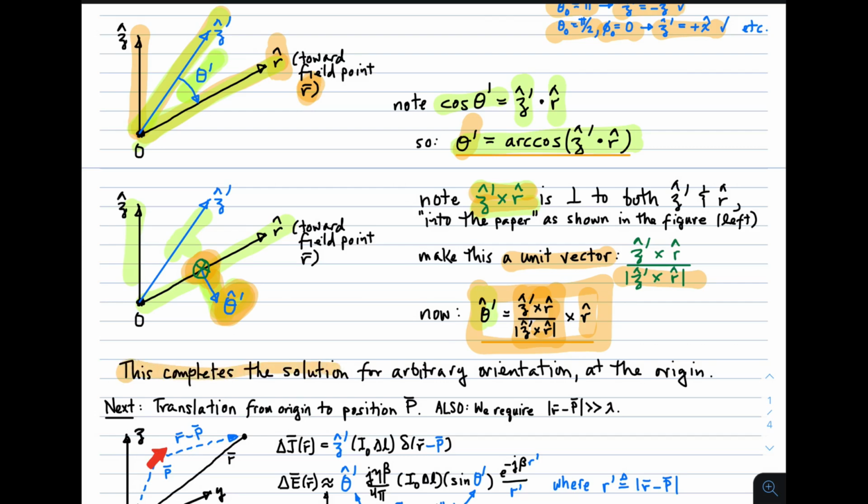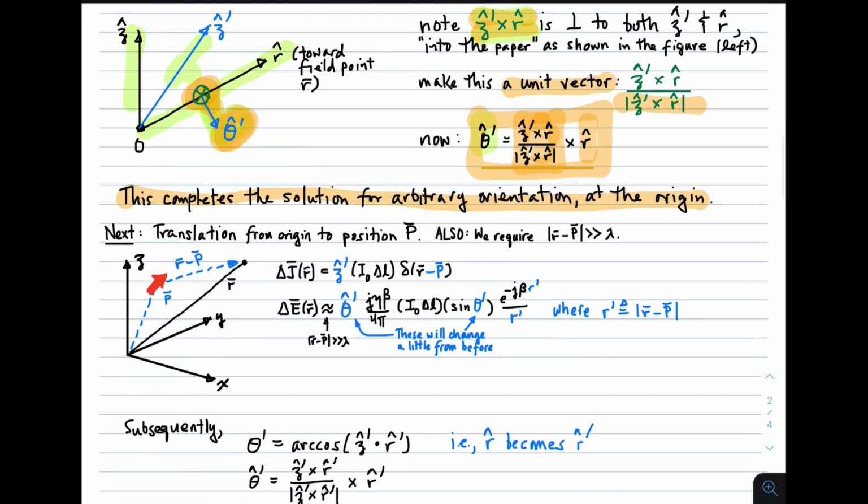So this completes a solution for an arbitrary orientation of the current moment as long as it's located at the origin. But now we want to consider translation from the origin to some position, and we'll call that position capital P. So now the current moment exists here, and it's oriented in the z hat prime direction.